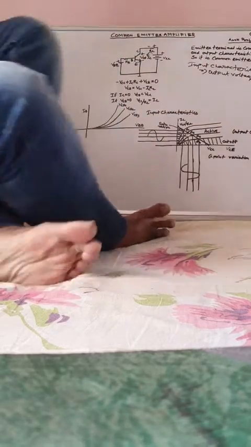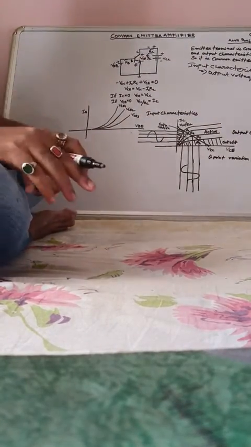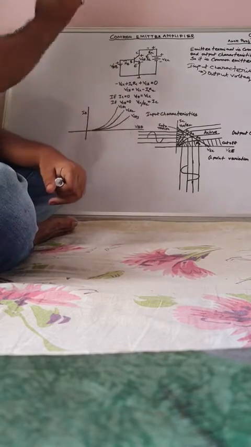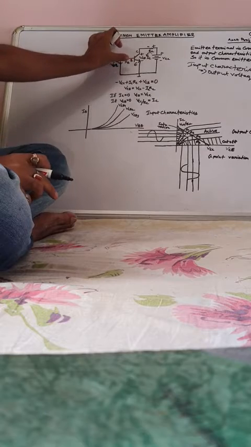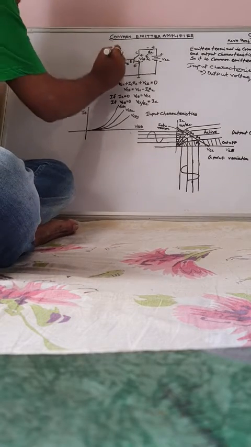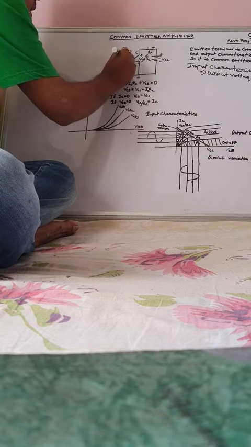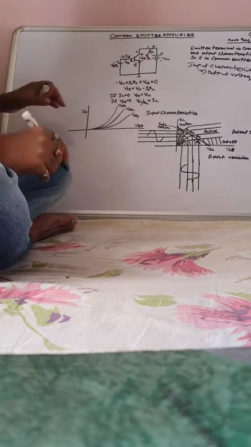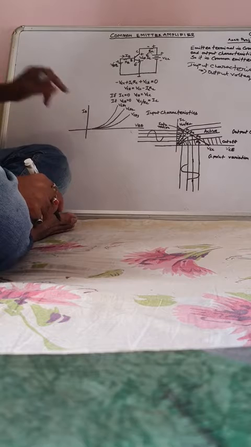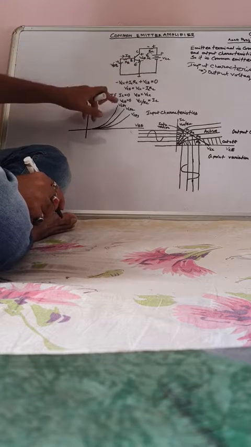That means how we make an input characteristic. This is your input characteristics curve. VBE versus IB. This is VBE, base emitter voltage, and this is IB, base current. So VBE versus IB, keeping constant VCE.